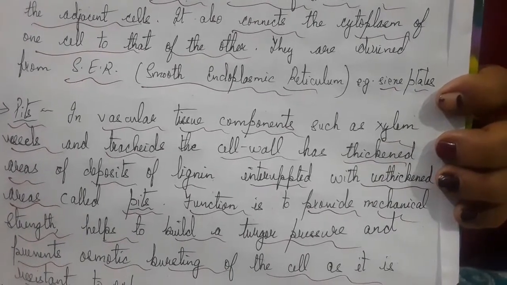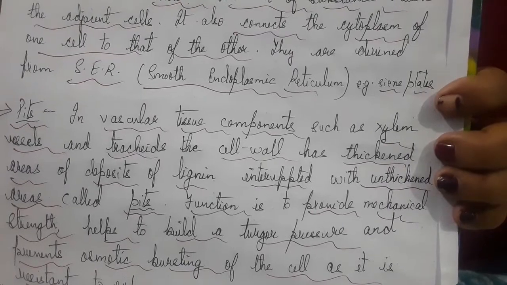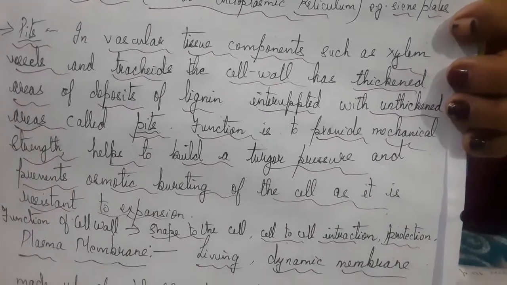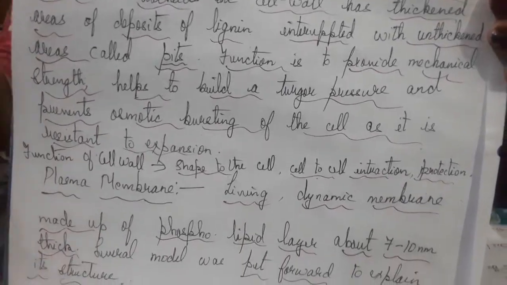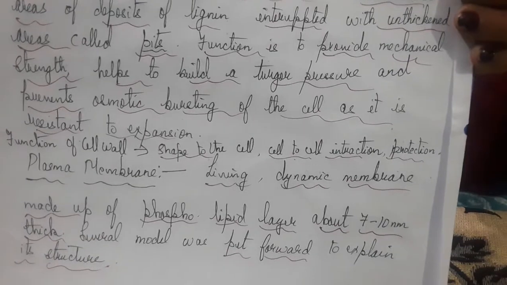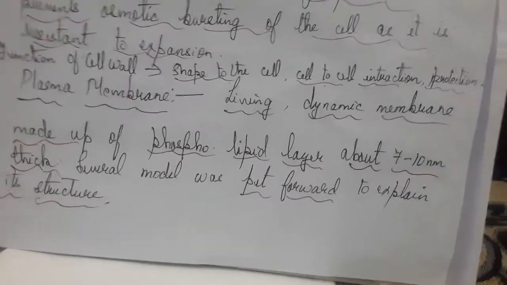They are the only living component present in the cell wall. Whereas the pits are found in the vascular tissue, that is the xylem. One more page is there.